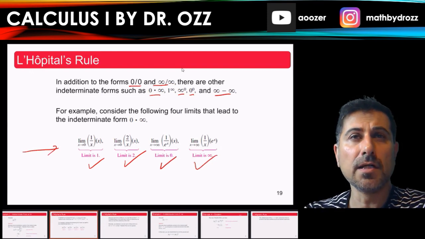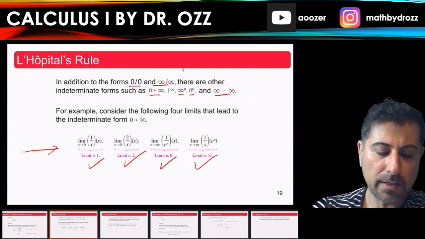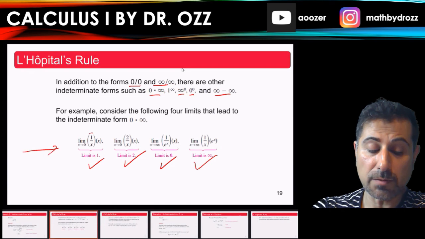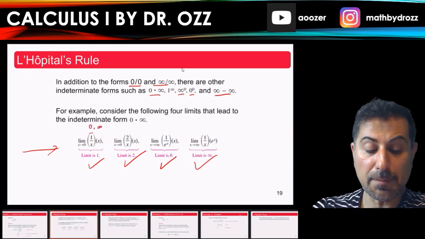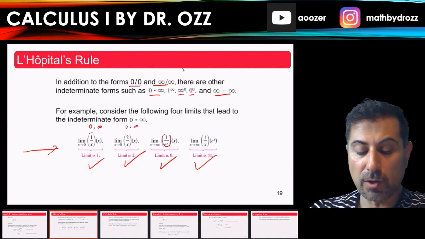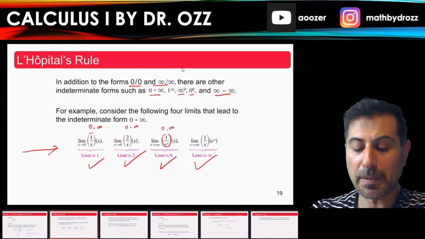So you can actually see that each case has to be treated carefully, and as you see, 1 over x here tends to 0 as x approaches infinity. So you have 0 times infinity form here, same as here, 0 times infinity, and this is like 1 over e to the infinity, which is 0 times infinity, same as this one.